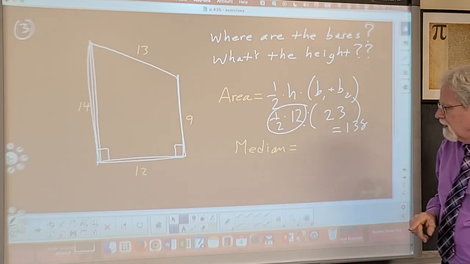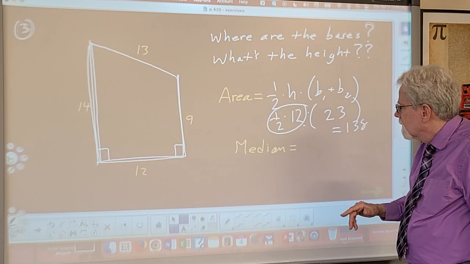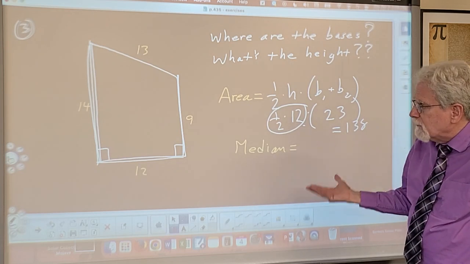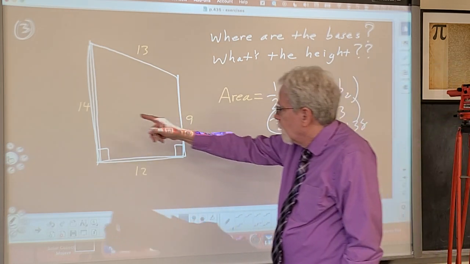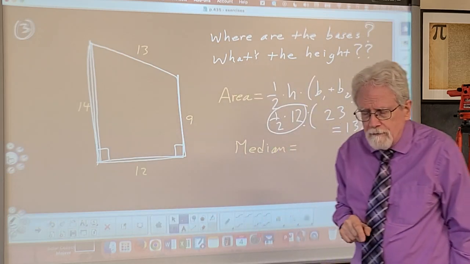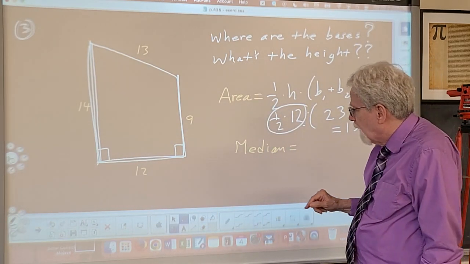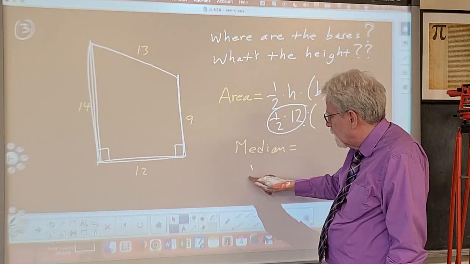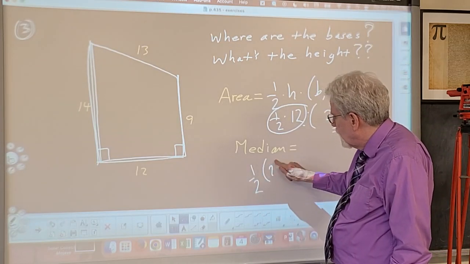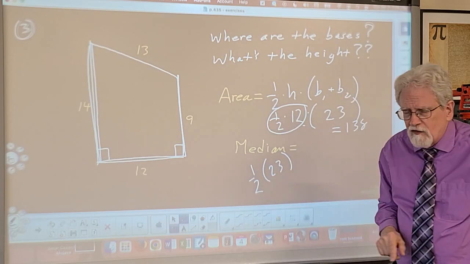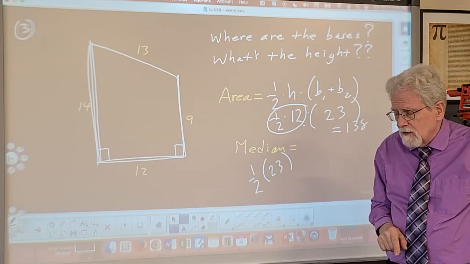And what about the median? Median's no big deal, right? You just add the bases and take half. 14 plus 9 is 23. It's half of 23. Well, what's half of 23? Oh, come on, you can do that. Half of 23. What's half of 22? 11.